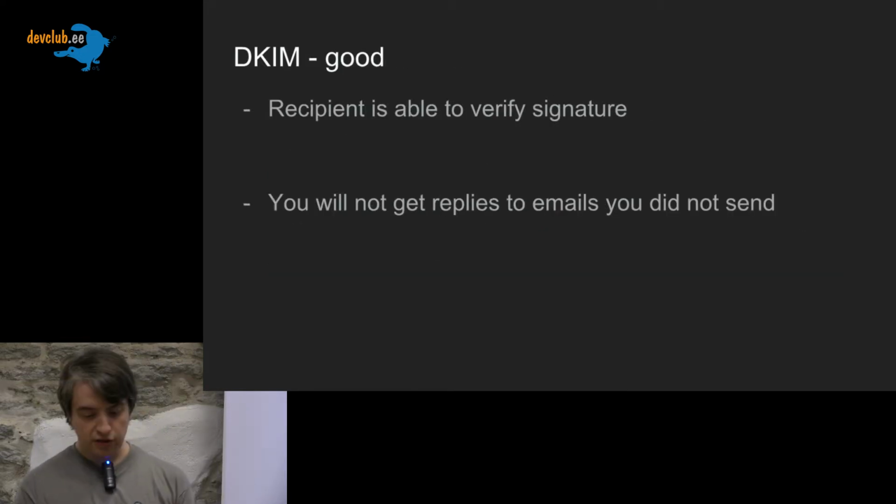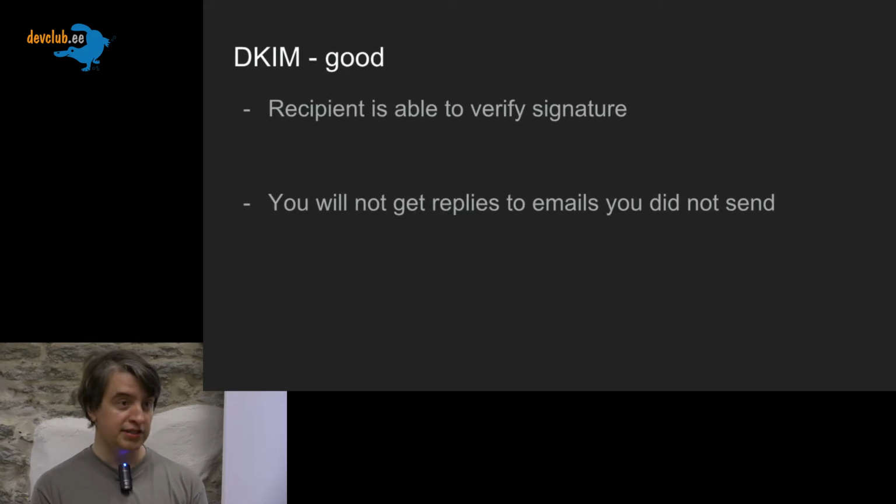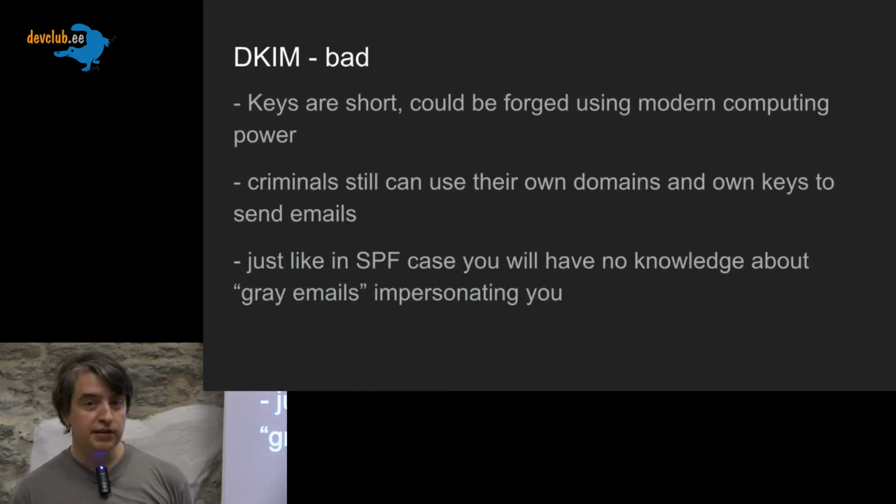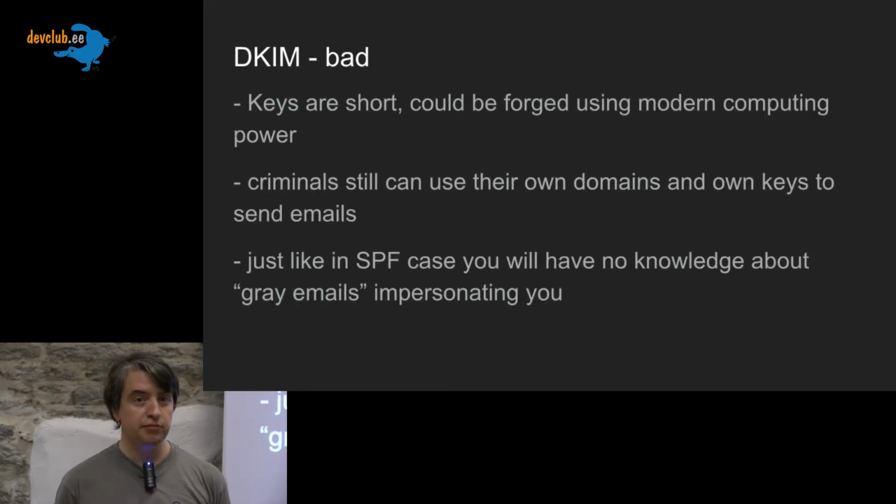But in case it's configured properly, the recipient can be sure that the domain who signed it did actually send this email, because nobody else is supposed to have the key to sign it. But the problem is that DNS records are very short. It means that your public key will also be short.